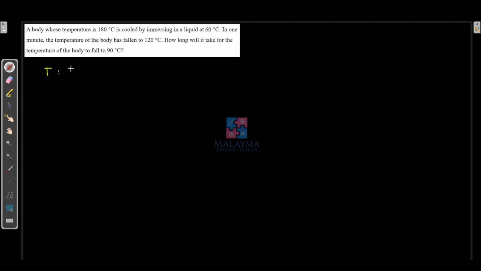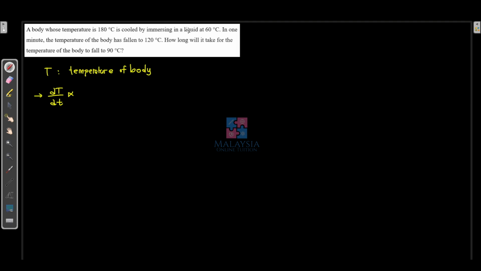So we can start this question by writing the capital T as the temperature of the body. Even though we start with 180 degrees Celsius, we can just say the capital T is the temperature of the body. What we need to start with is dT over dt, which is proportional to the rate of cooling, proportional to the difference in the temperature of the body and the immersing liquid.